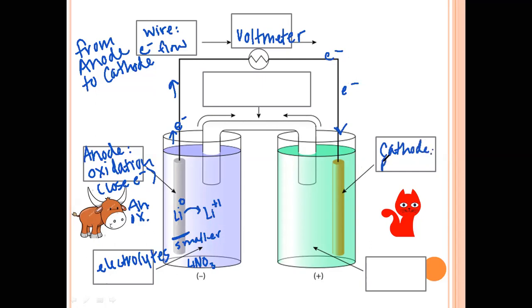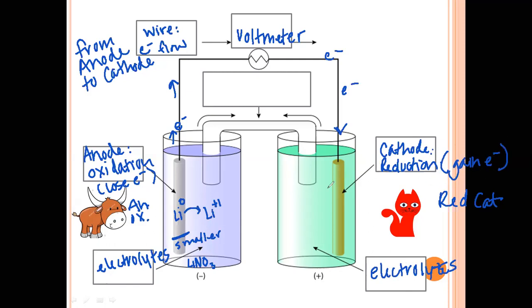At the cathode, reduction occurs. So that's why you have a red cat. Okay, and same thing here, you have electrolytes in the bottom of your solution. Okay, so remember, reduction is gaining electrons.